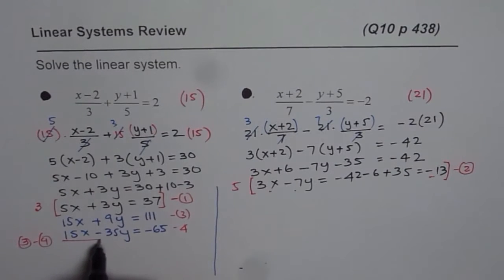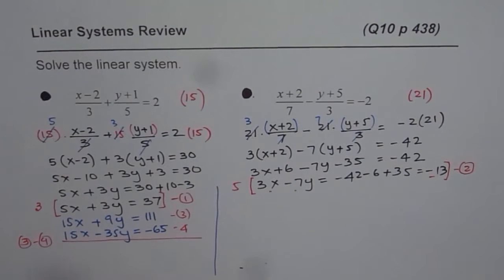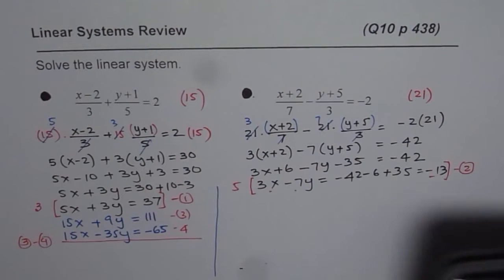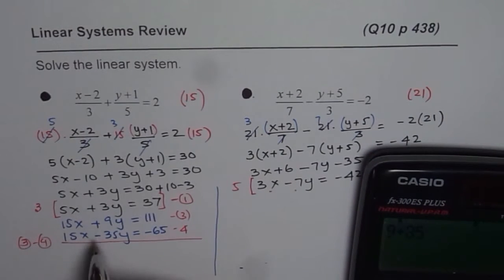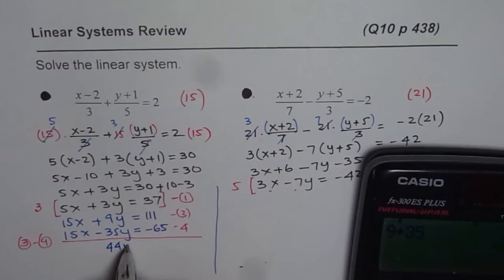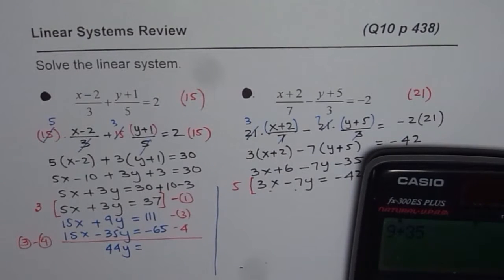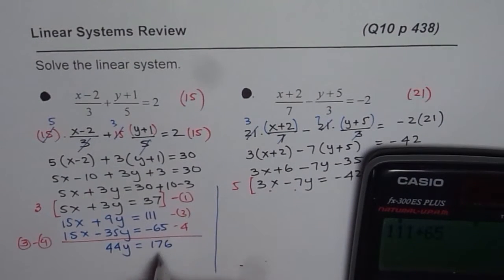As soon as you do that, the x's get cancelled out. You get 9 minus of minus 35, so it gets added: 9 plus 35 equals 44, so we get 44y. On the other side, you get 111 plus 65 equals 176.